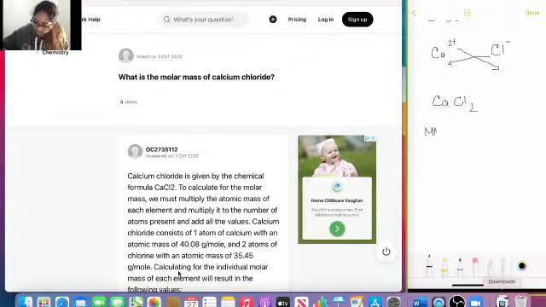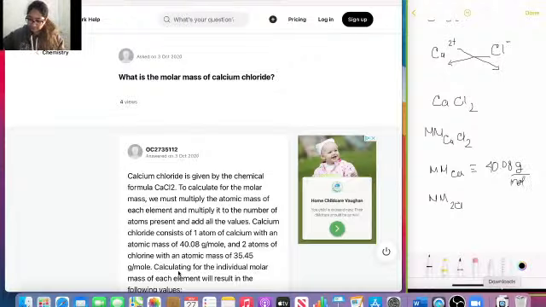To find the molar mass of calcium chloride, you would need to first break this down into individual elements, Ca and Cl2. It's the same thing as writing 2Cl, but when we're writing the formula, it needs to be like this. The molar mass of calcium is 40.08 grams per mole.